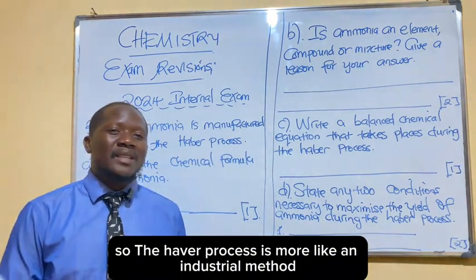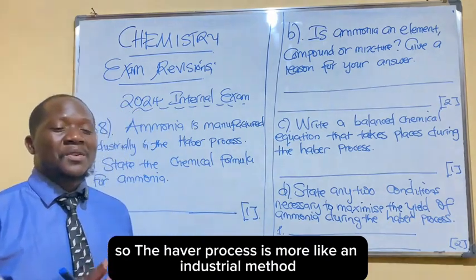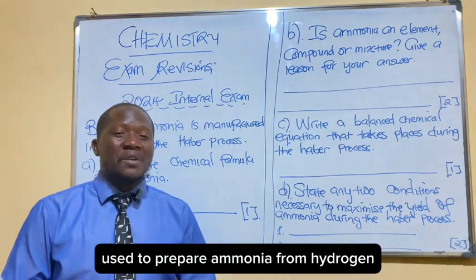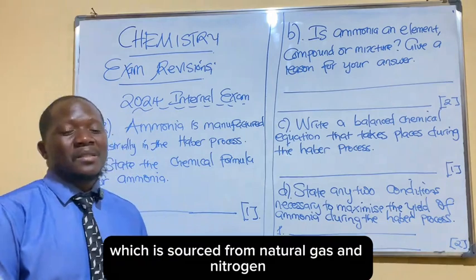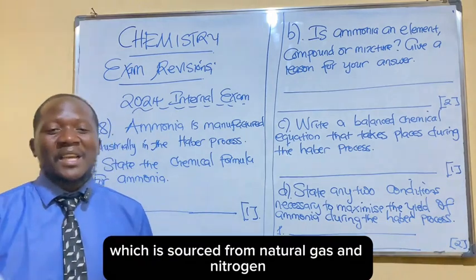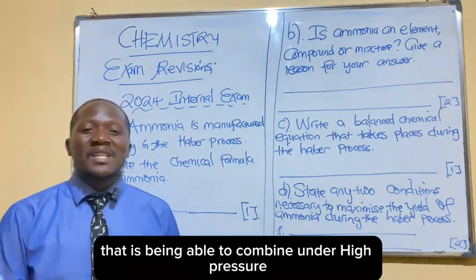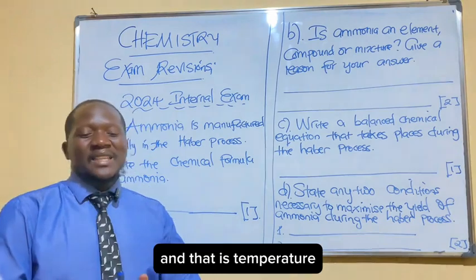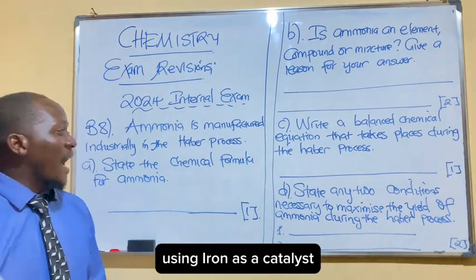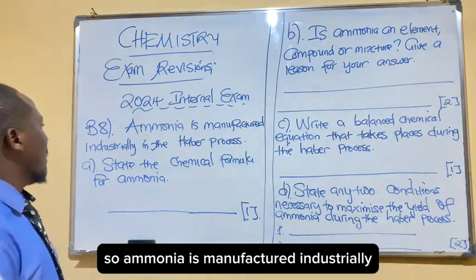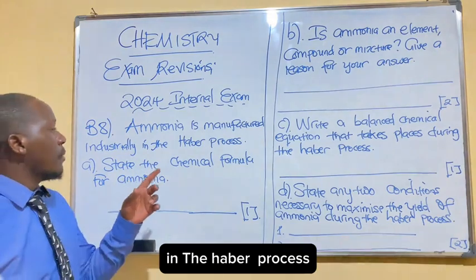The Haber process is an industrial method used to prepare ammonia from hydrogen, which is sourced from natural gas, and nitrogen, which combine under high pressure and temperature, using iron as a catalyst. So ammonia is manufactured industrially in the Haber process.